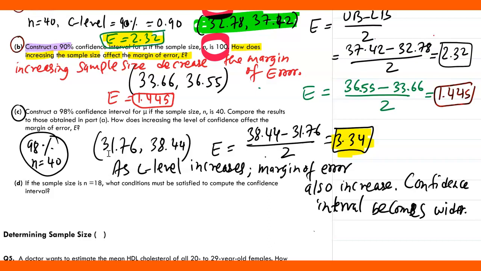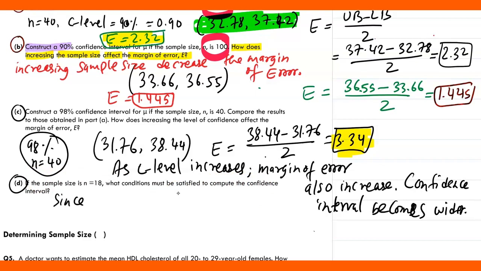Okay, part D. If the sample size is 18, what condition must be satisfied to compute the confidence interval? If the sample size is 18, that means the sample size is less than 30.